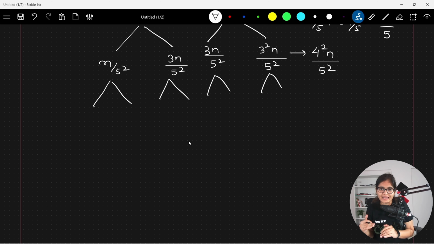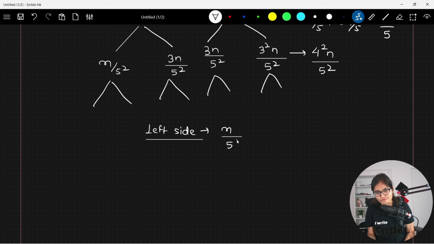Until that point I will take up, automatically the lower level will be covered. So on the left side, what I am trying to do is n by 5 to the power k, which is equal to 1, because 1 is the base case condition, the termination condition. So here the value of n is equal to 5 to the power k, or the value of k is equal to log of n base 5.